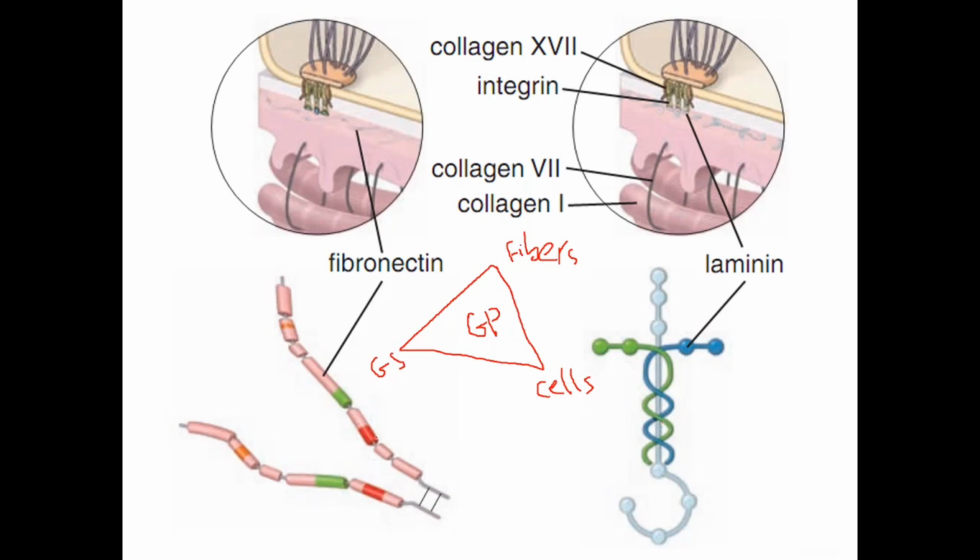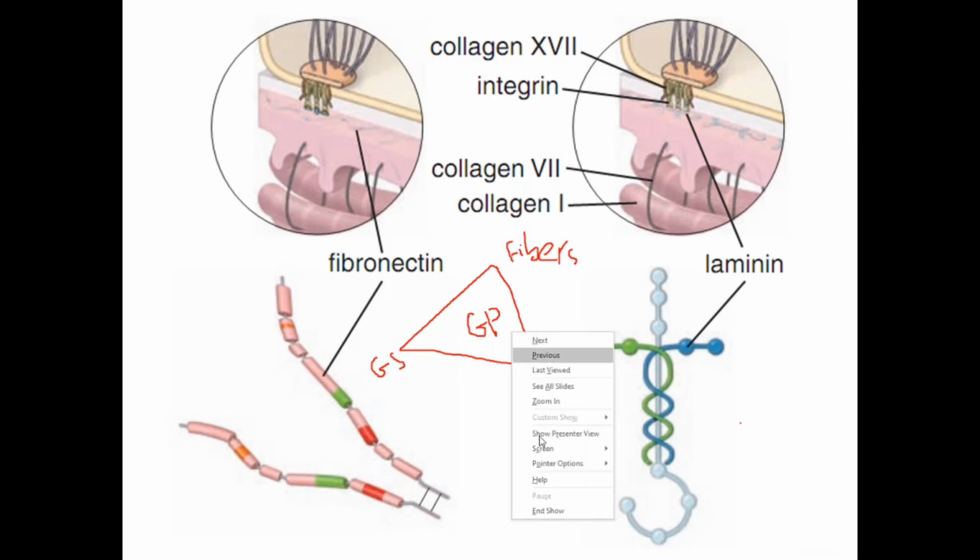Also in the fibronectin, you see different colors. It means they have multiple sites for attachment. You see, we have some tools like this, just for memorizing these glycoproteins.